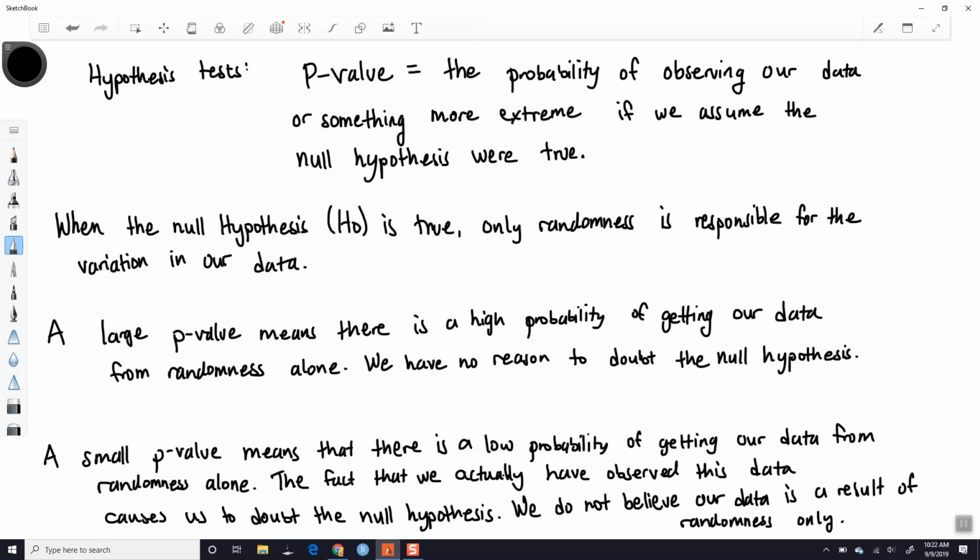So let me do just a silly scenario here. We're trying to relate the idea of high p-values and low p-values.